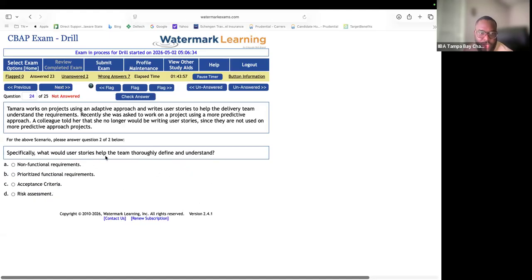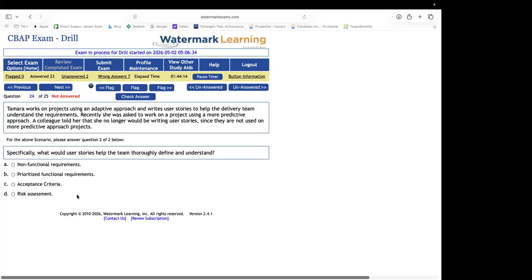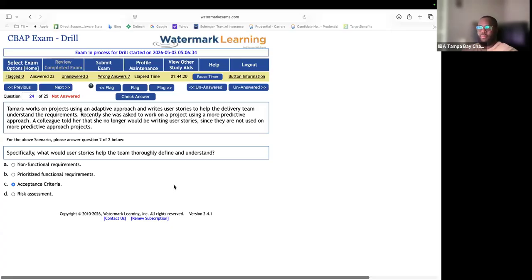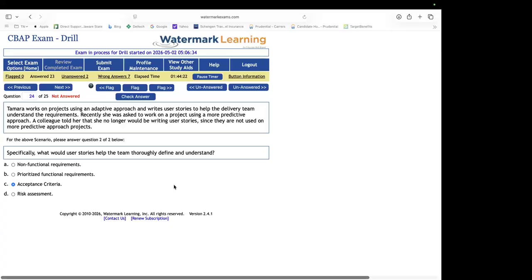Specifically, what will user stories help the team to define and understand? A: Non-functional requirements. B: Prioritize functional requirements. C: Acceptance criteria. D: Risk assessment. I will go with C for Canada, acceptance criteria. Okay. To understand what actually needs to be done so that the customer is satisfied.